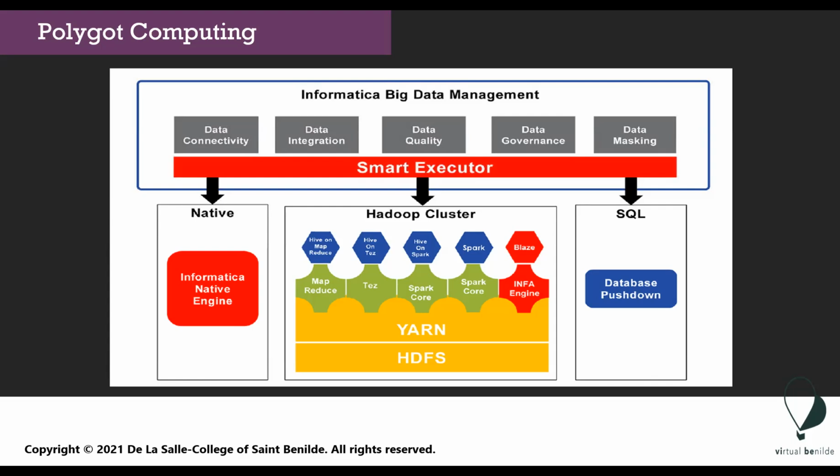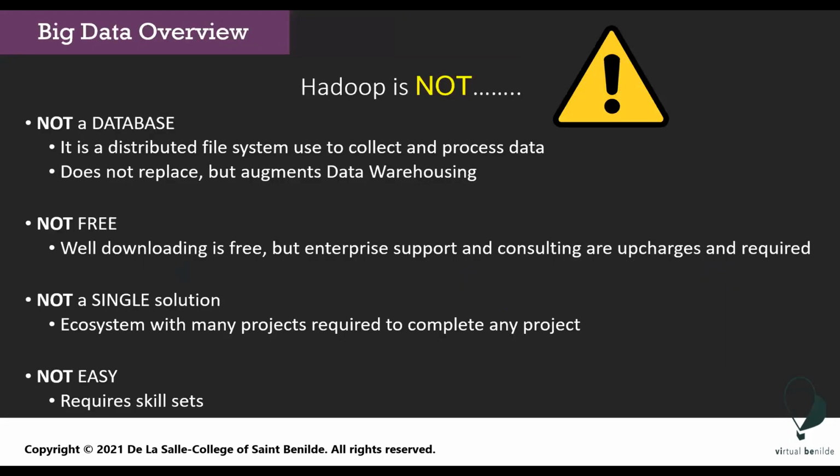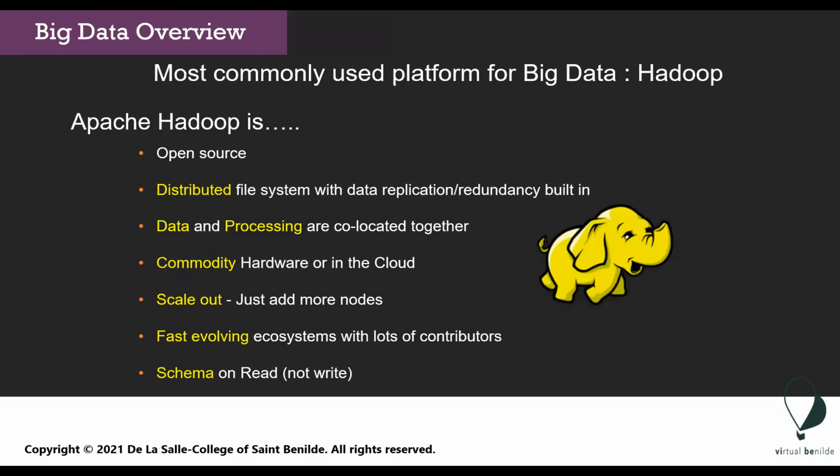HDFS just stores data provided to it by whatsoever means. HDFS has its own built-in shell commands to store data into it. HDFS cannot import streaming data. Okay? So using HDFS, we cannot import streaming data.